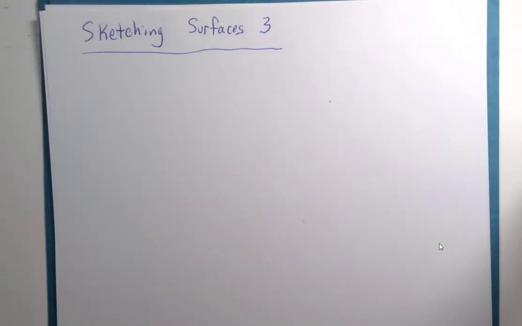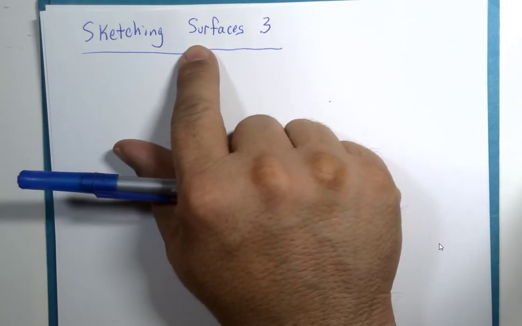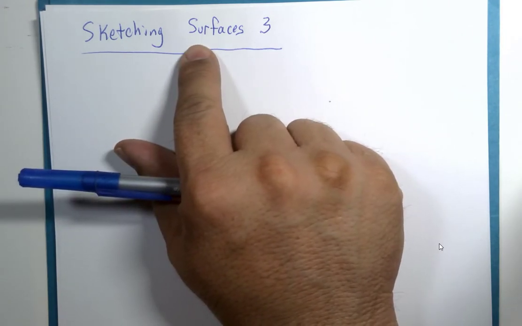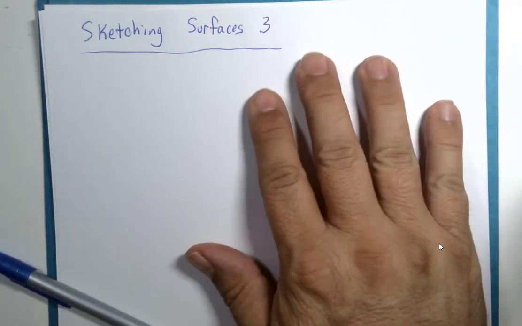Okay, so we're going to continue sketching some surfaces in this little segment. I want to remind you that a surface would be a two-dimensional object if it was just a flat plane.